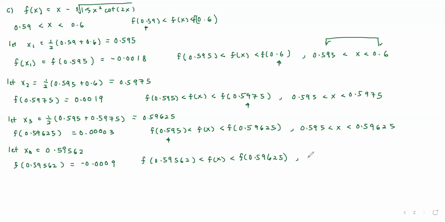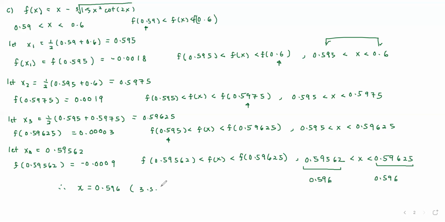So x now is in between 0.59562 and 0.59625. To three significant figures, this is 0.596. To three significant figures, this is 0.596 as well. Therefore, we say that the x-coordinate of M has a value of 0.596 to three significant figures.